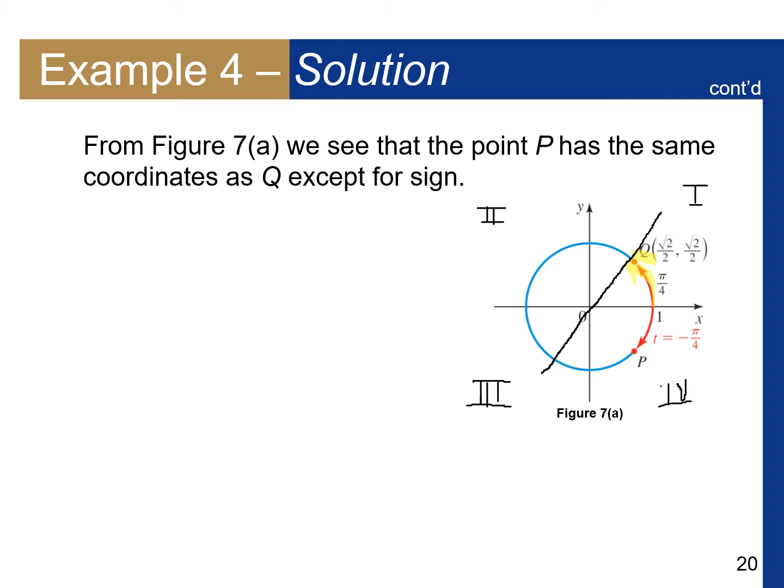Why am I bringing that up? Because in quadrant 1, my x and y values are both going to be positive. I go over positive and up positive. However, when I go to quadrant 2, I have to go over negative, and then my y value goes up positive.